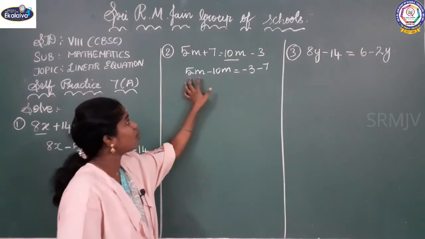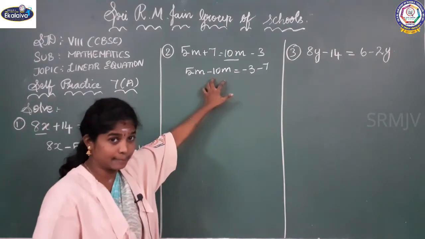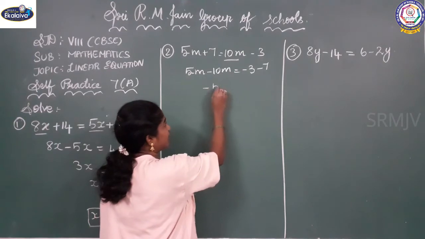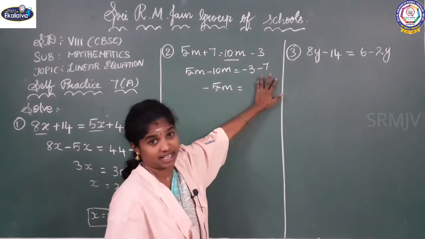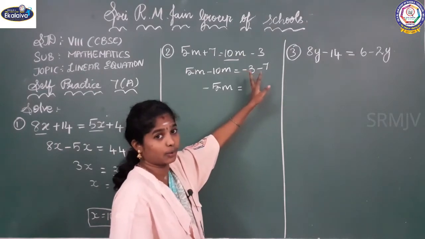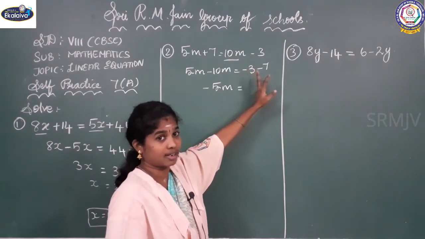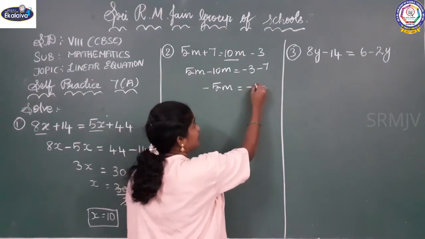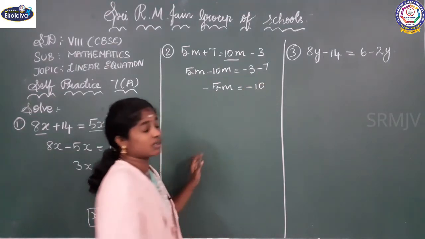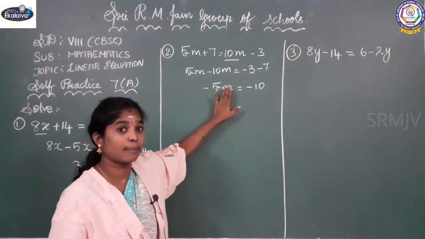Now you see what is 5m minus 10m? Yes, minus 5m is equal to minus 3 minus 7. When you have the same symbol, we have to add and put the same symbol. So we will get minus 10. So now we need the value of the variable m.